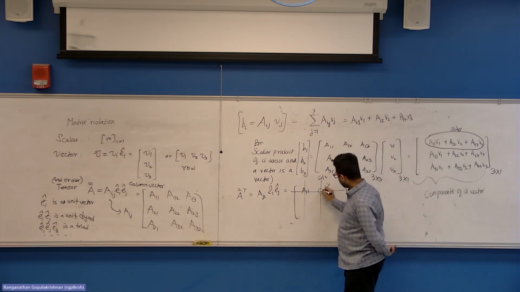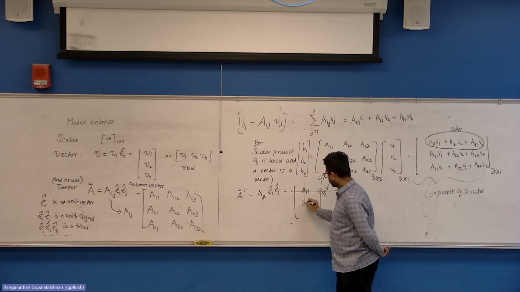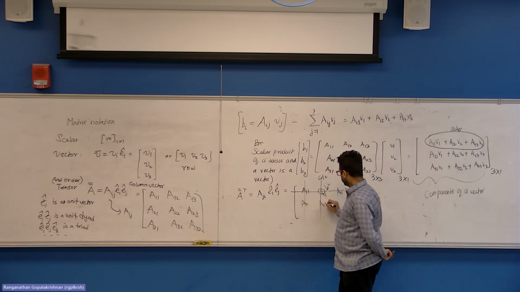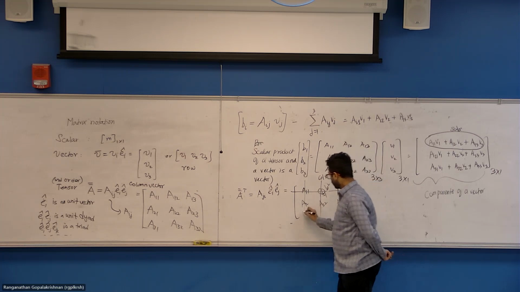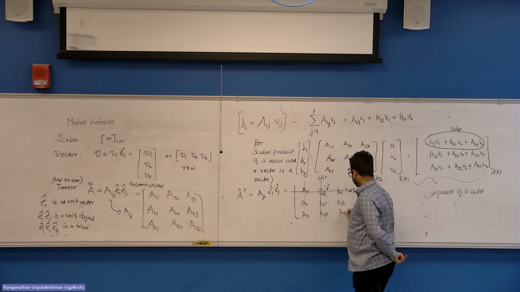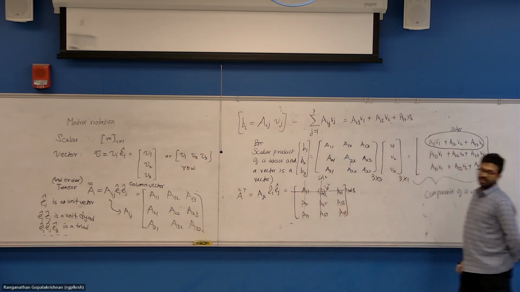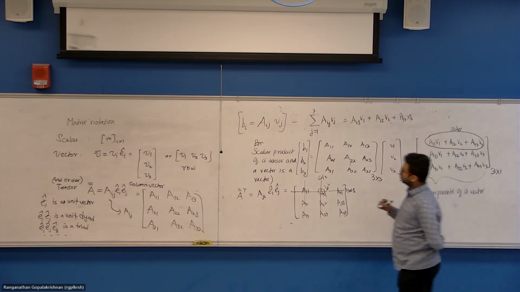So this is going to be A11, A21, A31, A12, A22, A32, A13, A23, A33. A transpose.